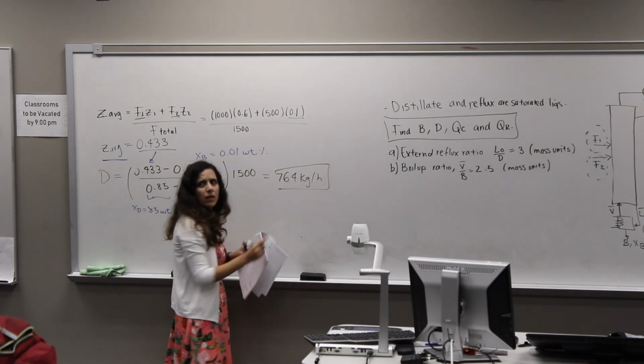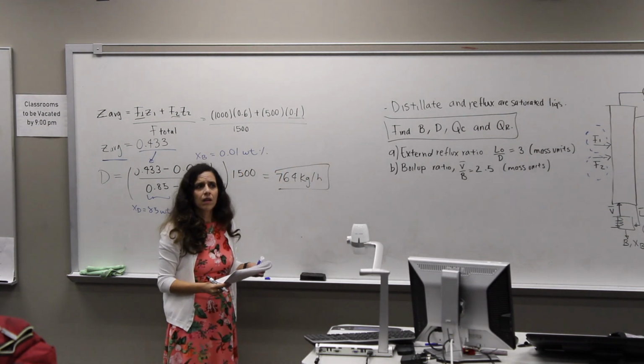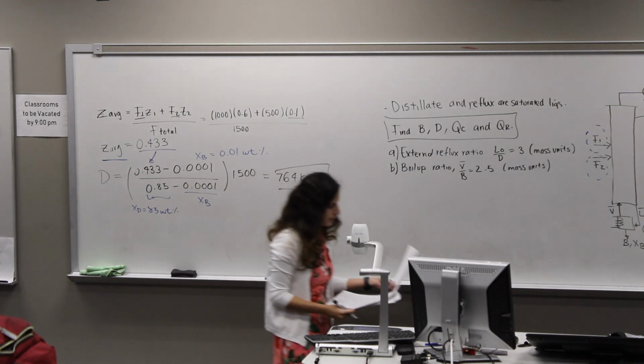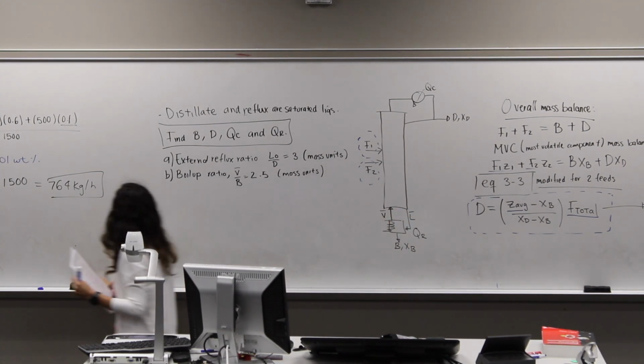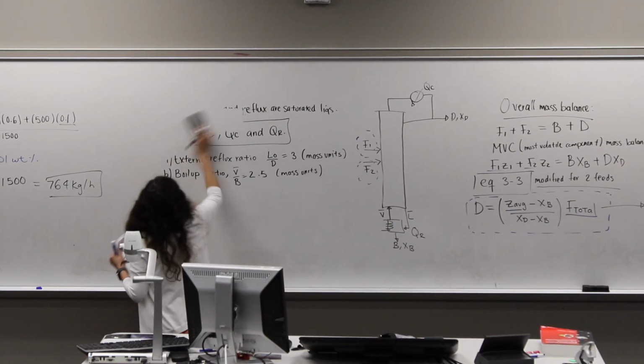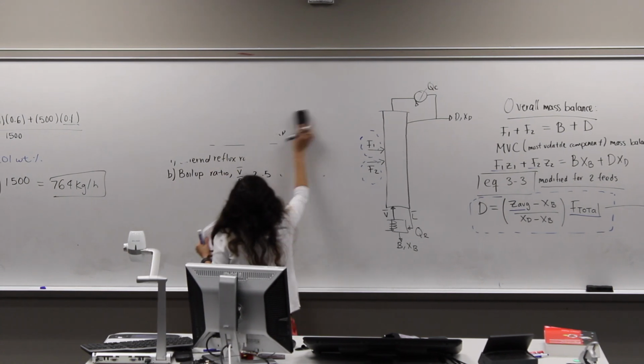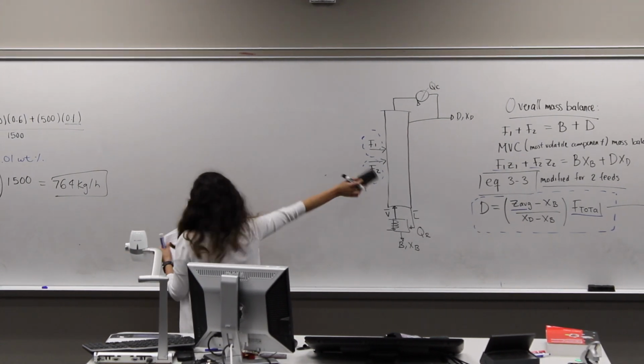Everyone is getting the same values? So now we can get B from the overall balance. So how can we get B? The bottom. That's the question.